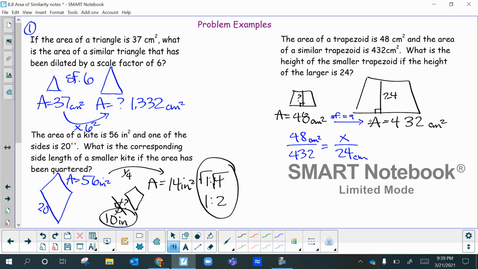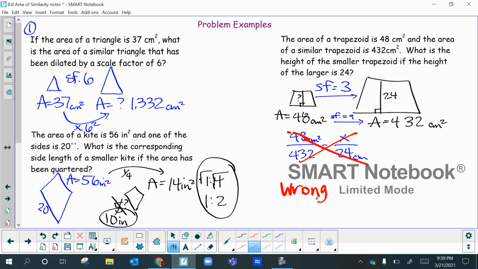The area scale factor got 9 times bigger. So what do you think the sides are going to be? Your scale factor for the sides and all its parts is going to be the square root of 9, which is 3. Okay, so I'm going to put a big red X through this. Don't do that. That is wrong.